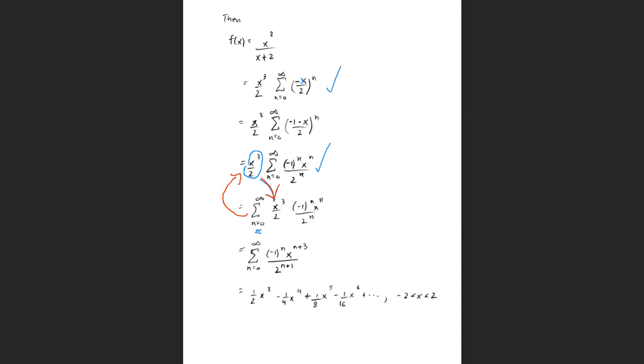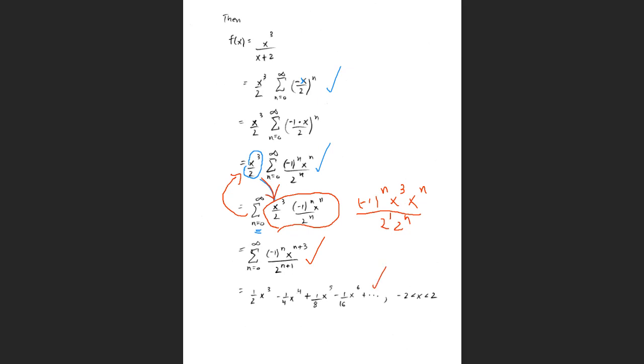This expression in the summation sign, we could express as -1 to the nth power times x cubed times x to the nth over 2 to the first power times 2 to the nth. And so we add exponents and then we get this result here.